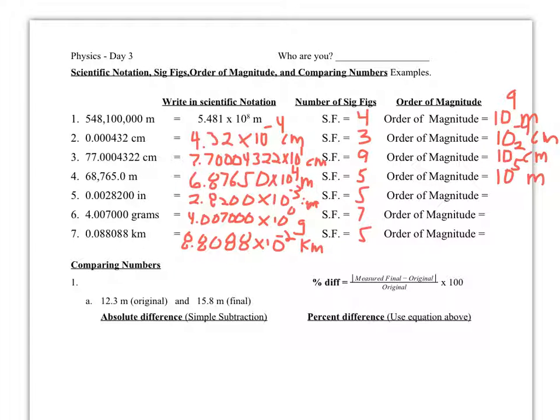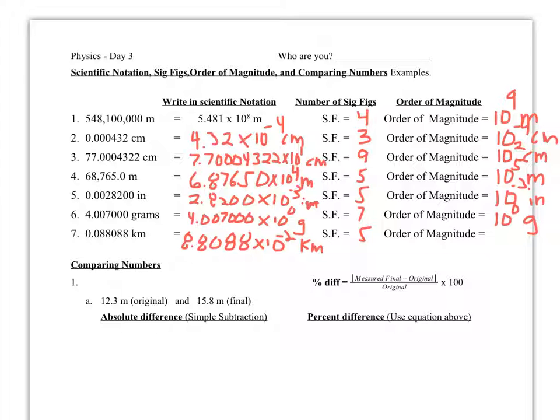Number 5, 2.8. The 2 is less than 5, so the order of magnitude is already there: 10 to the negative third inches. Number 6, it's a 4. It's less than a 5, so the order of magnitude is 10 to the 0, or just 1 gram. And the last one, 8.8, is the trickiest one of all.